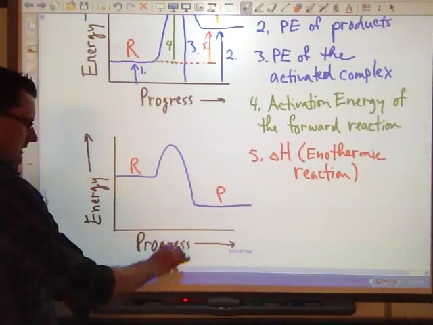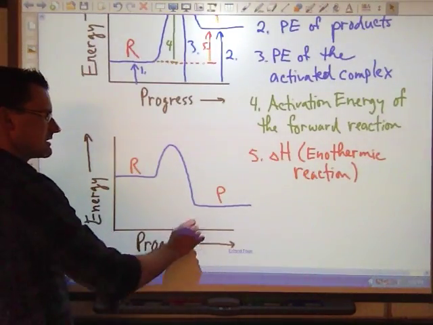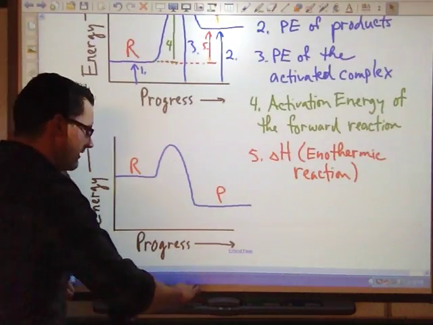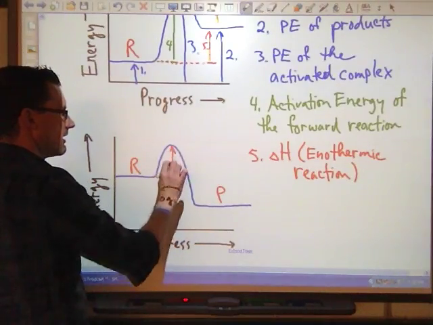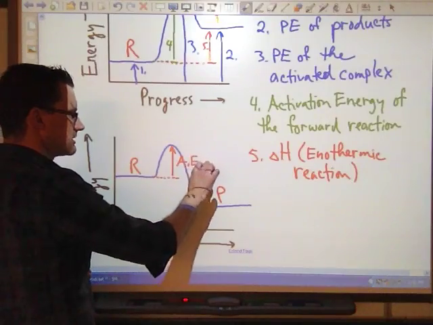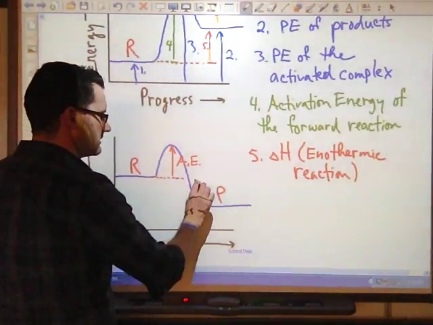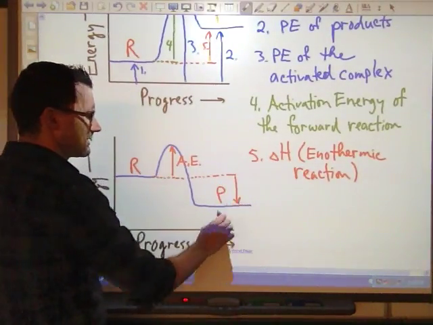In this case, I have the same things here: potential energy of reactants, potential energy of products, potential energy of activated complex. I have my activation energy right here. I'll symbolize that as AE, activation energy. And if I continue that line, take a look here. The difference between reactants and products.